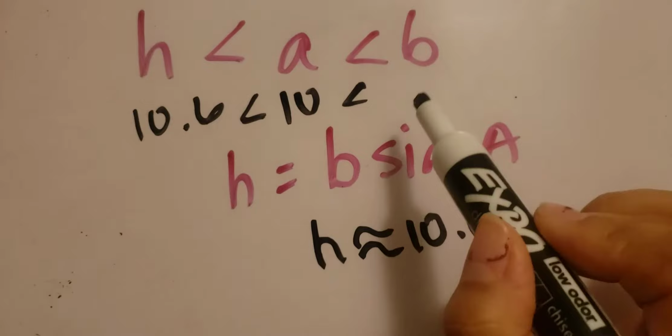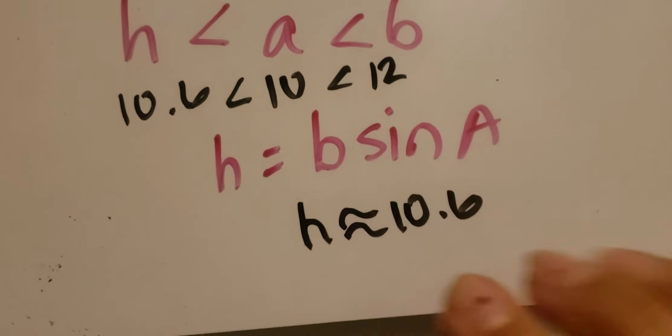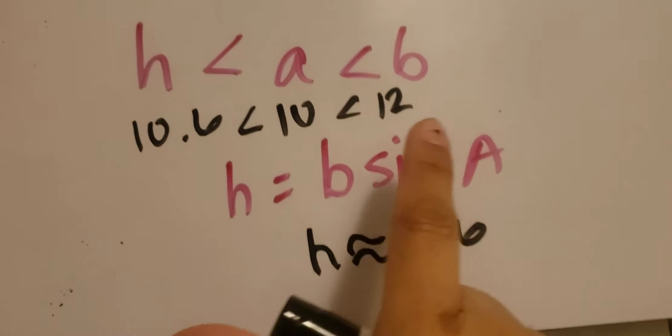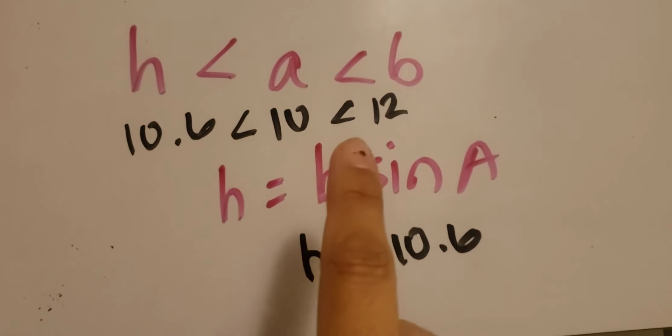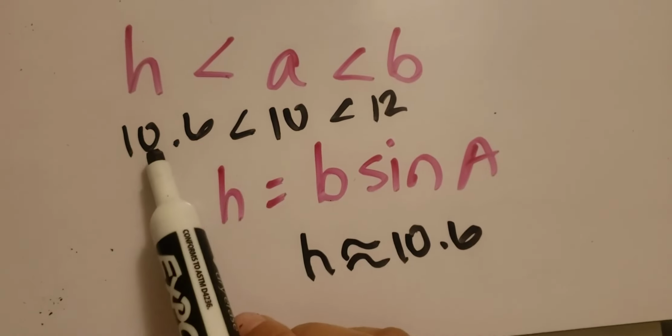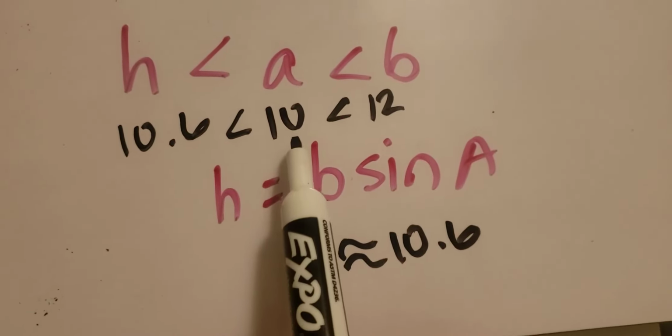So if that's the case, then if H is 10.6 and A is 10 and B is 12, then this doesn't fit. Then it can't be two solutions. It won't work because clearly H is greater than A, okay?